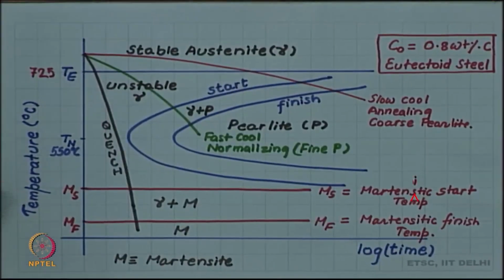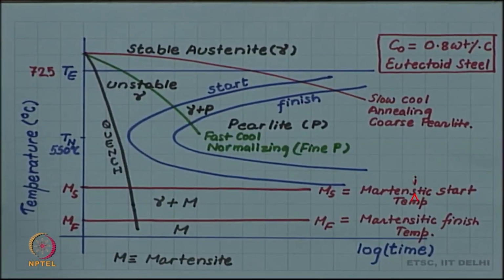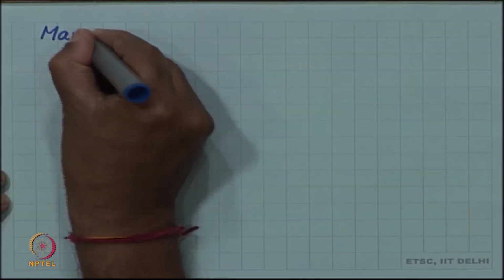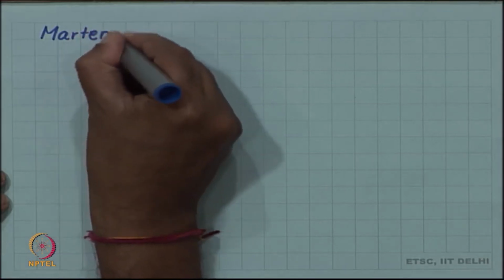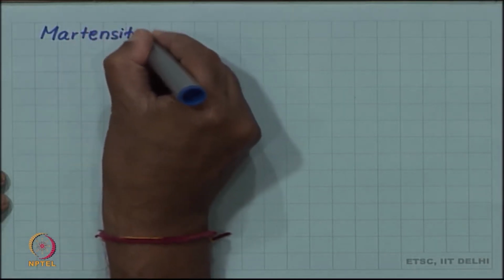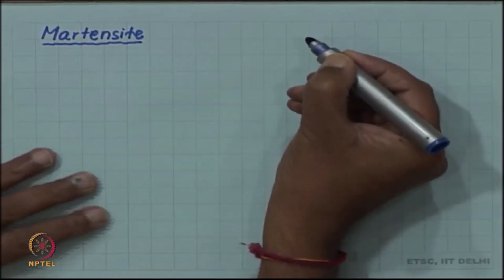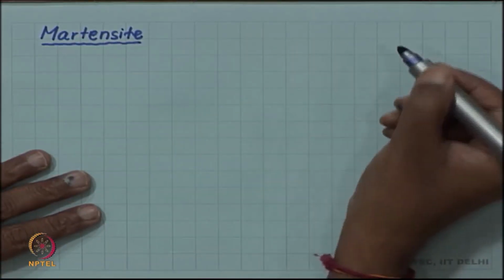Let us look at this martensite phase. Although we are saying that a martensite phase is formed, we have not described what this phase is. So, let us look at what this martensite phase means. This phase we have not seen in the iron carbon equilibrium diagram.